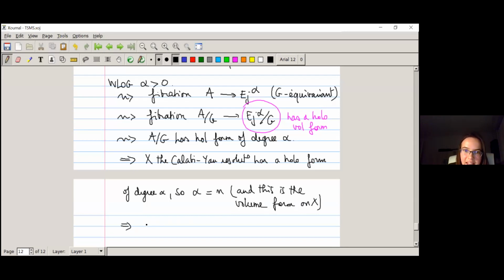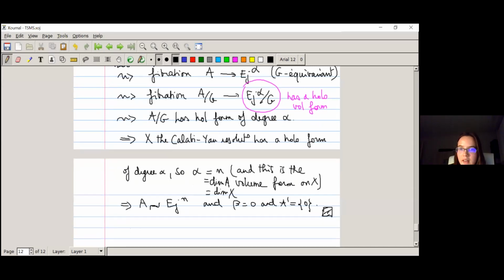And since alpha equals n, the dimension of A, which is the dimension of X, it means that A is actually isogenous to E_J to the n. And beta equals 0, and A' is nothing. And that concludes the proof.